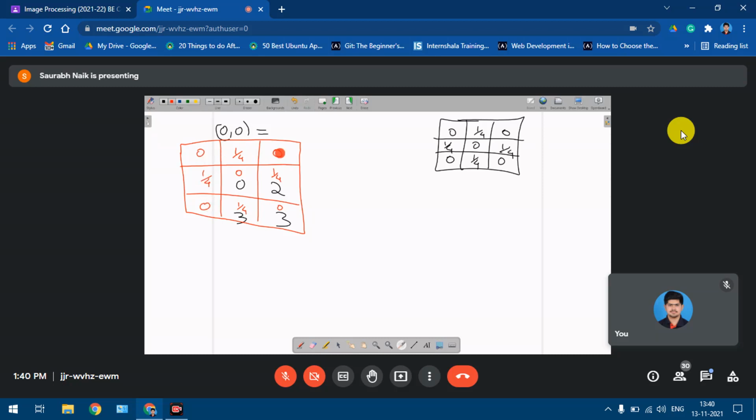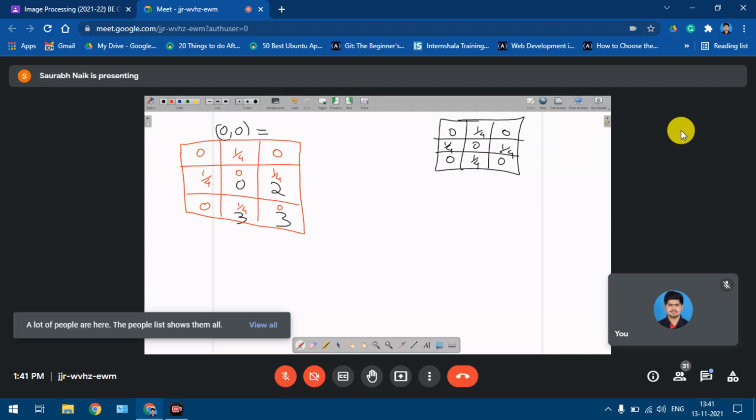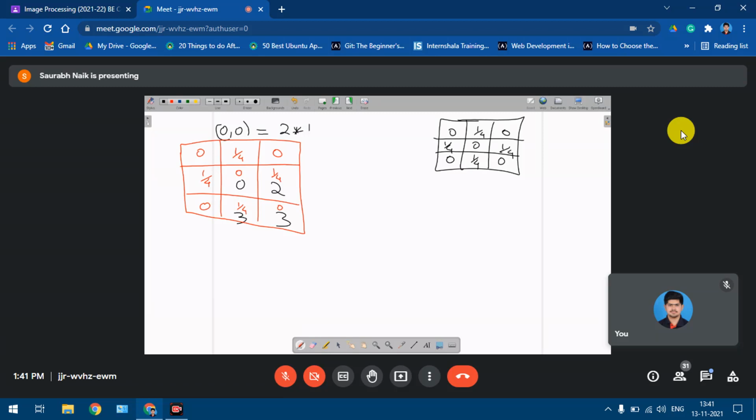These 5 values are directly considered as 0, and we are just calculating the products of these overlaps. So I get 0 into 0, 3 into 0, 2 into 1/4, and 3 into 1/4. So I can write this as 2 into 1/4 plus 3 into 1/4.